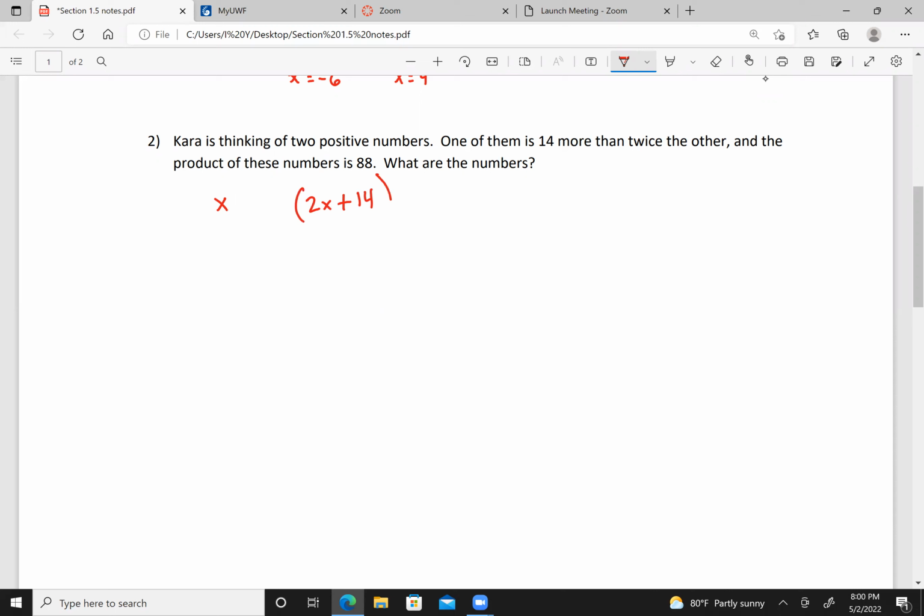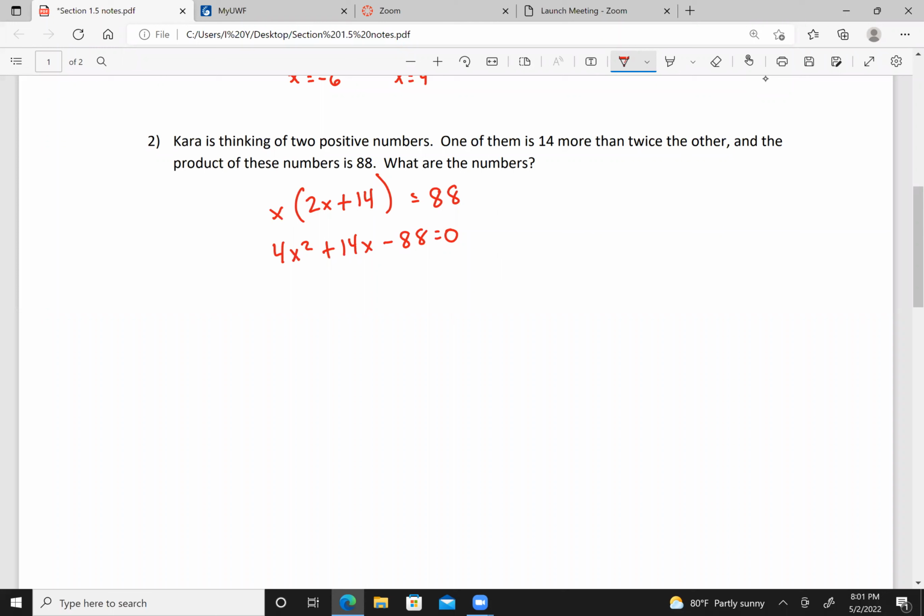So that's what we have here. So I have 4x squared plus 14x. Go ahead and subtract the 88 equals 0.